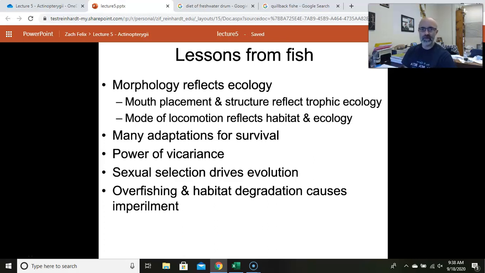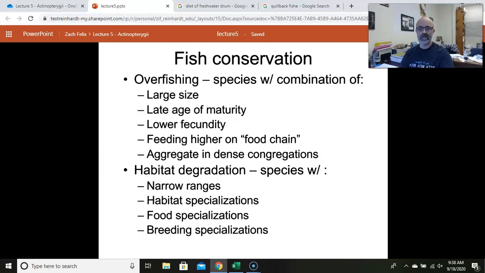So that's a recipe for a pretty resilient animal. Something like a shark, you knock the populations down, then they have to grow to be pretty old in order to reproduce. When they do reproduce, they maybe only reproduce once every year or two, and they only produce a couple of offspring. So the biology is related to their conservation.